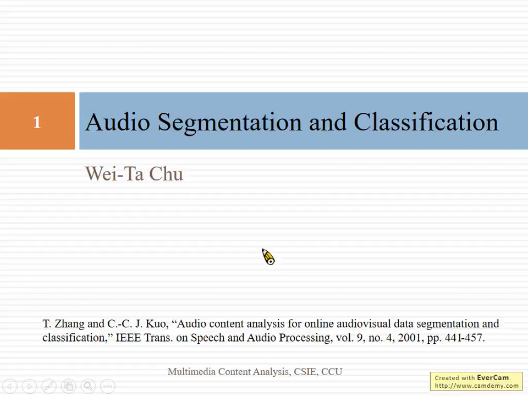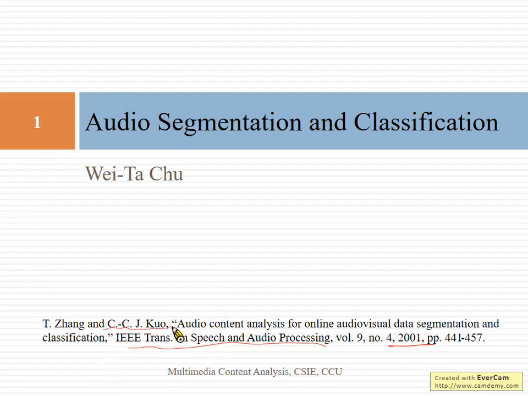Now let us introduce a simple audio classification work. This work was published in 2001 in IEEE Transactions on Speech and Audio Processing, which is one of the most important journals in the speech, audio and signal processing field.